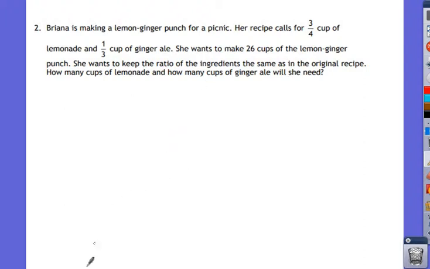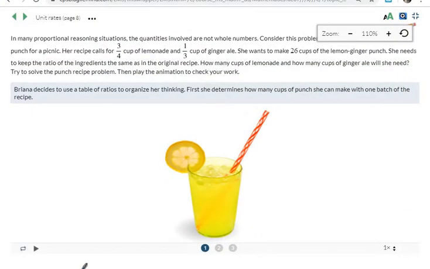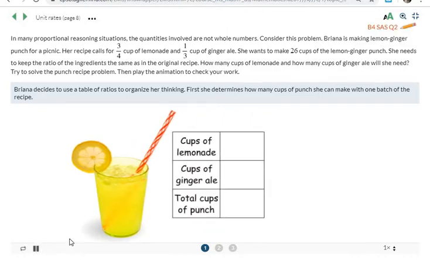Okay, the animations aren't too crazy, so we're going to watch the animations. And she first creates a table. She has cups of lemonade, cups of ginger ale, finding the total cups. She first gets a common denominator between 4 and 3, finds it's 12.